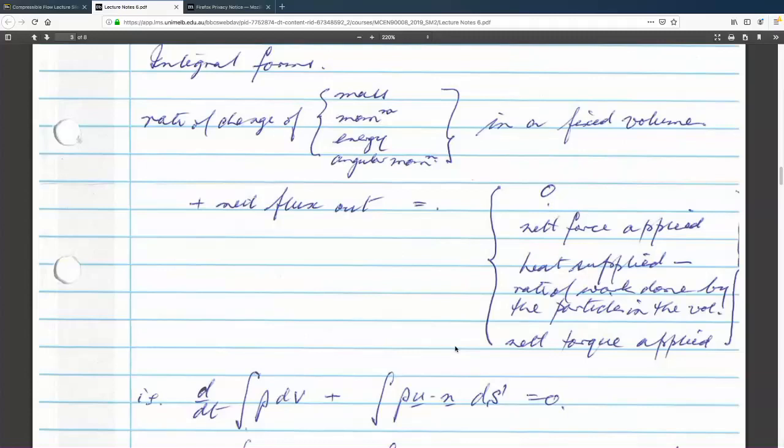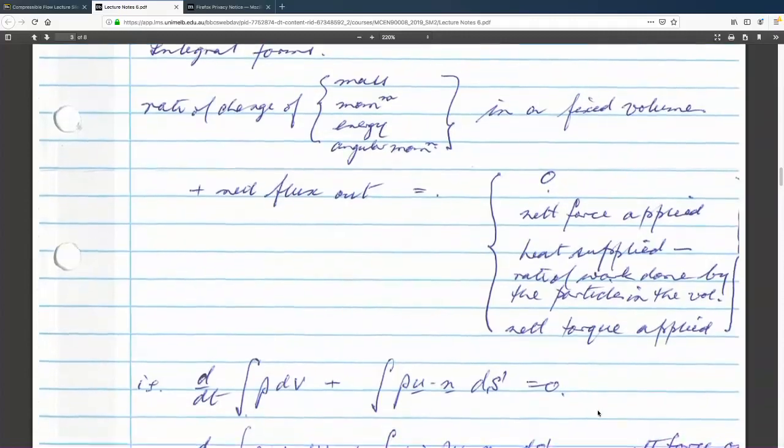In the case of body forces, it's the net force applied. In the case of energy, it's the rate of heat supplied minus the rate of work done by the particles in the volume. And for angular momentum, it's the net torque applied. That's always true. So I've written them down for you just to remind you.